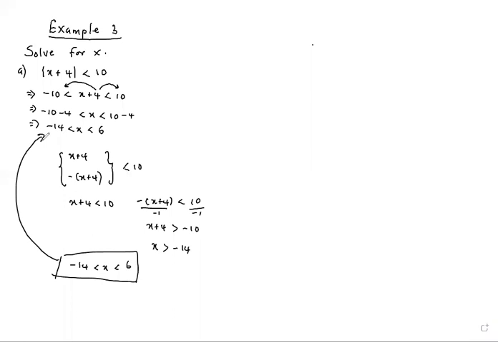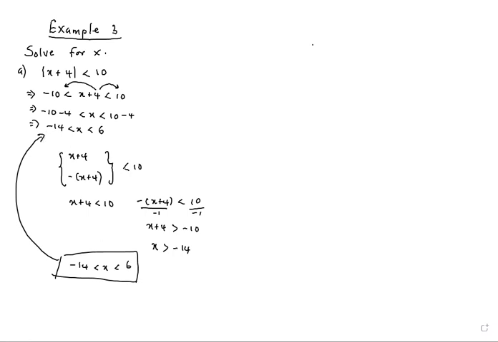Okay. So when you're dealing with a modulus, and there's one inequality, and the modulus will always come with one inequality, your next step will be to introduce another inequality so that you get rid of the modulus.